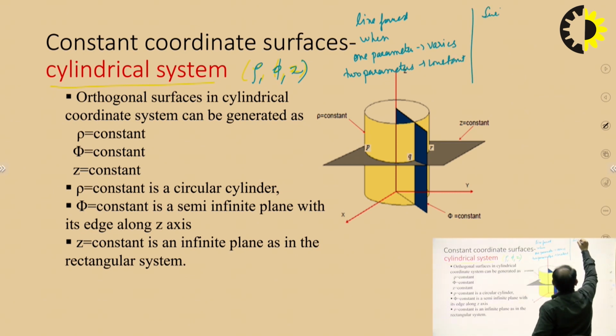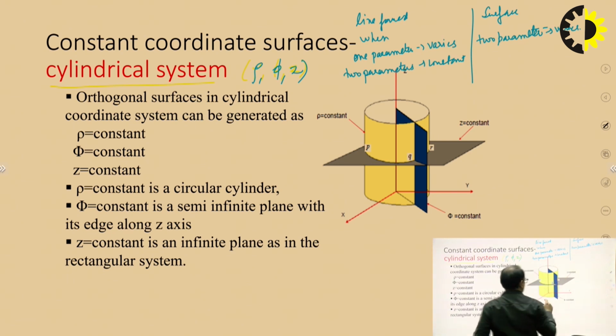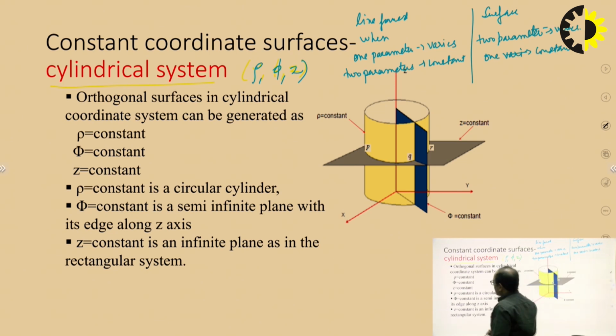And a surface will form when two vary and one is constant. Actually, these are not parameters, these are the coordinate points.